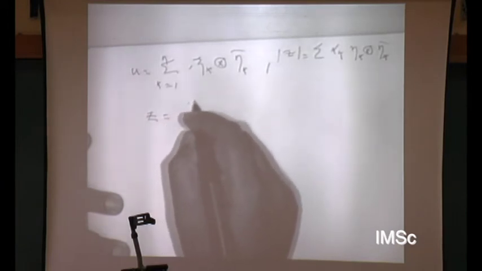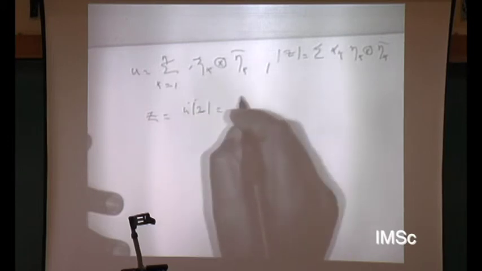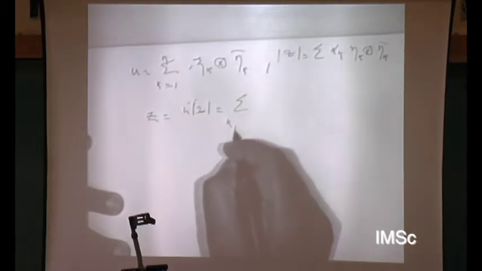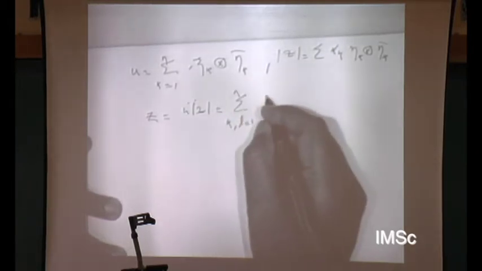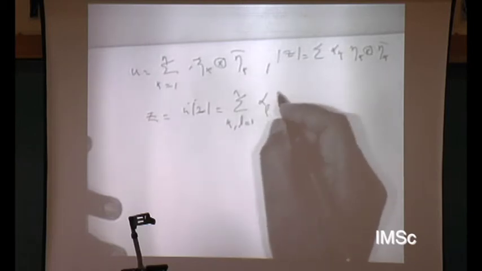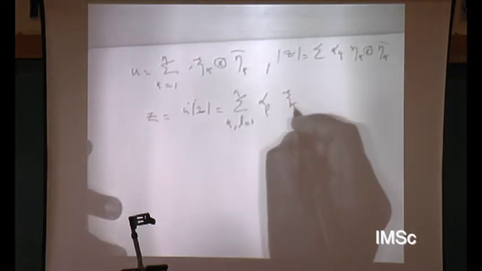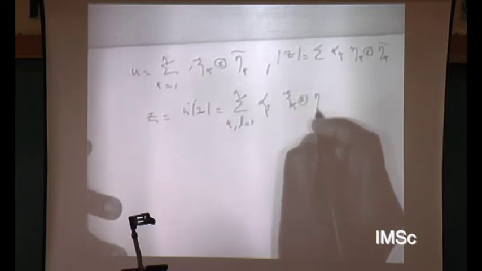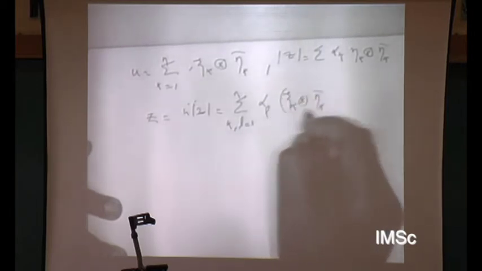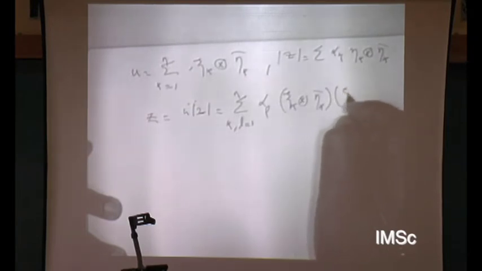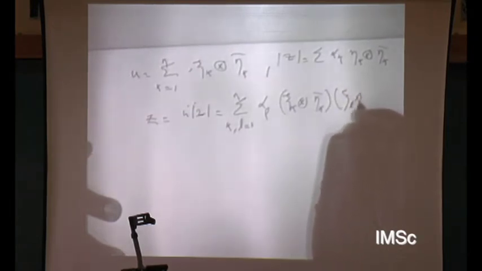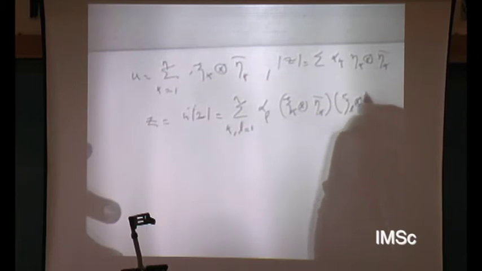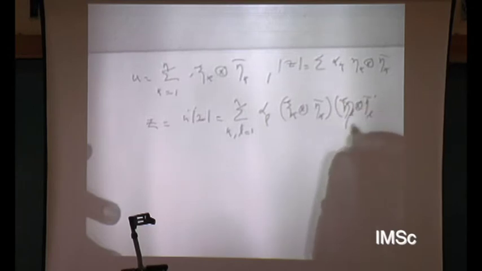Right? So you write sum over k and l, alpha l, psi k tensor eta k bar times psi l tensor eta l bar. No, eta l tensor eta l bar.